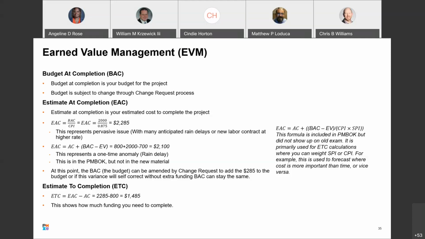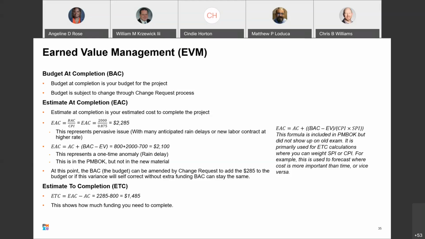Then the last one you'll see is estimate to completion. Again, at this point, we're halfway through. How much more money are we going to have to spend to get this thing done? We already know that we have money spent behind us. What do we need going forward? And that's what this is used to calculate. So estimate at completion is a revised budget at completion.